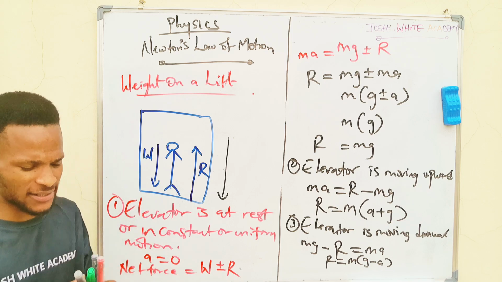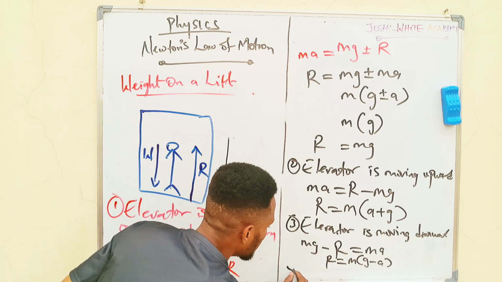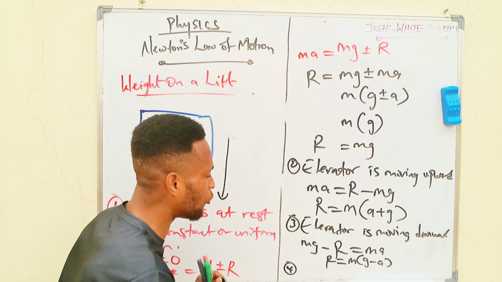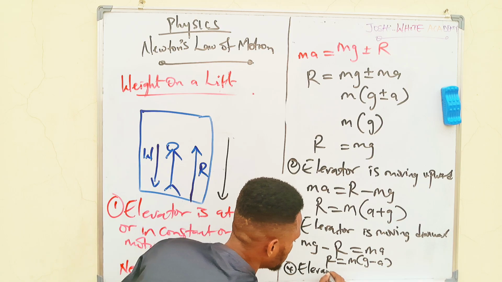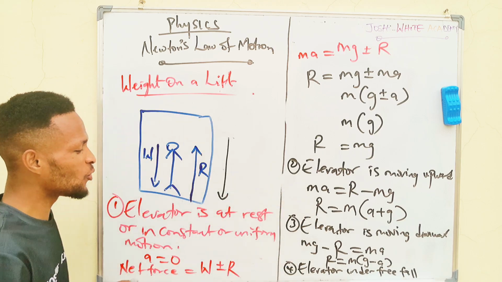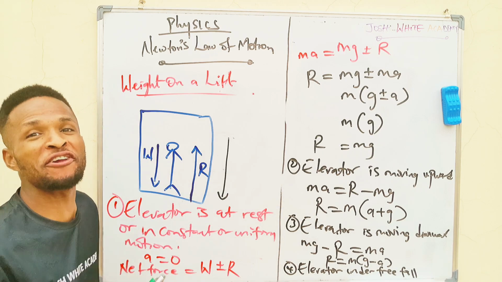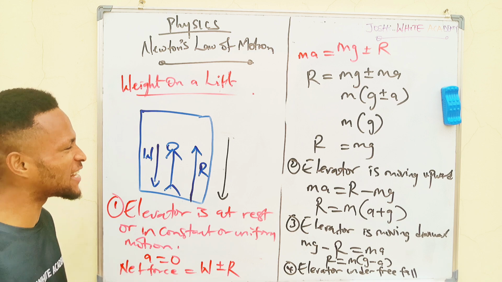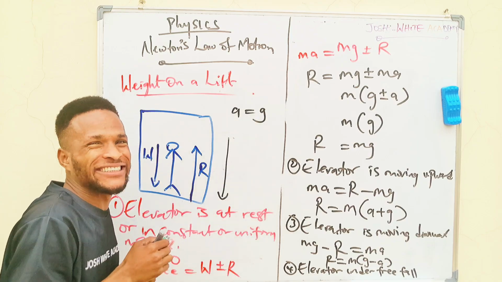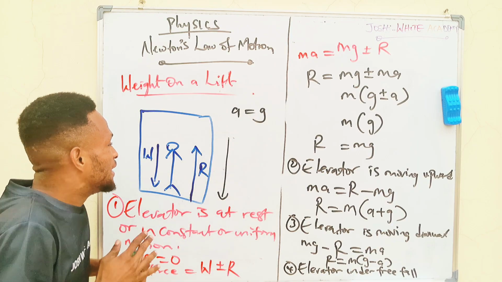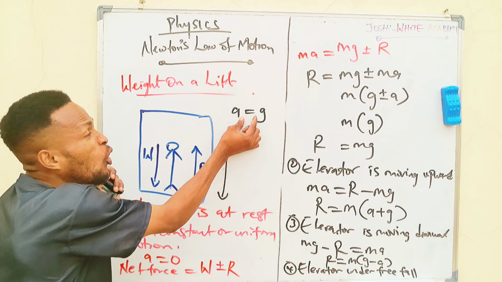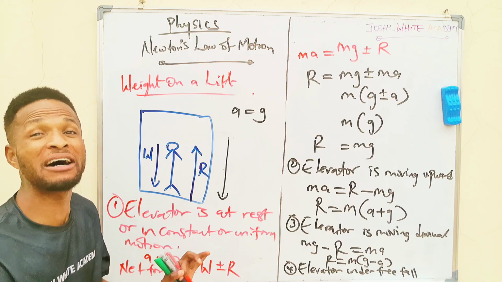And in the last scenario, when the elevator falls by free fall, in this sense it means that our acceleration is equal to the acceleration due to gravity, because the lift now is falling with an acceleration that equals the acceleration due to gravity.